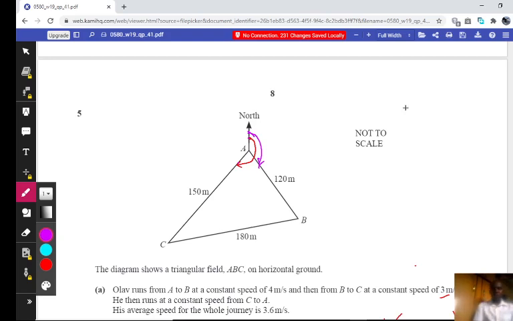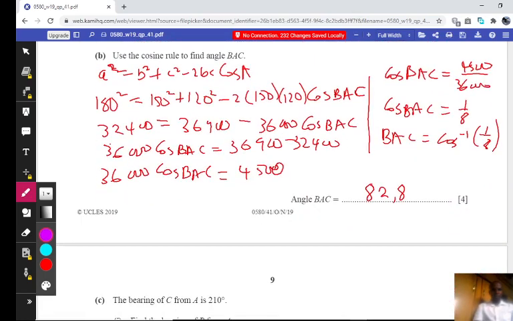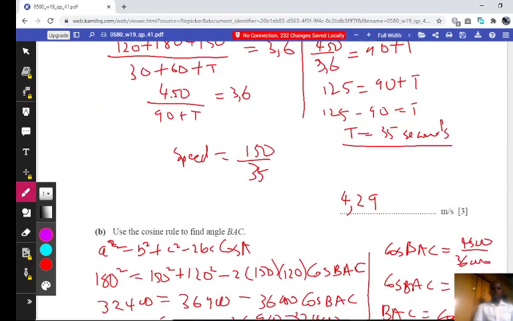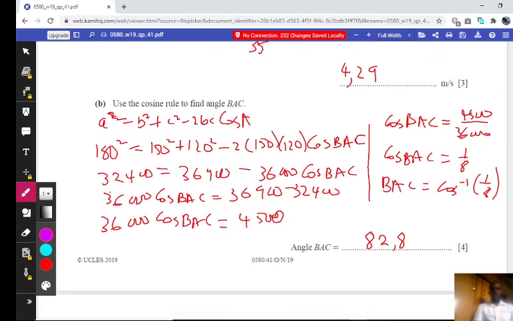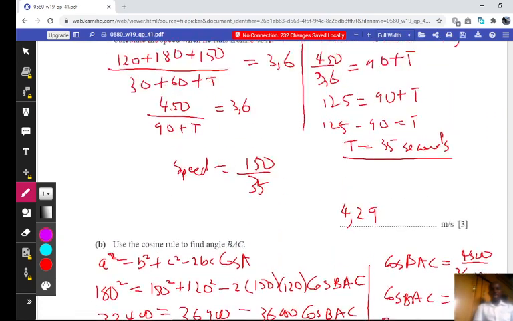Let me go back to the question again. The bearing of C from A is 210. Find the bearing of B from A. Also is the angle that you found here. BAC you found to be 82.8.